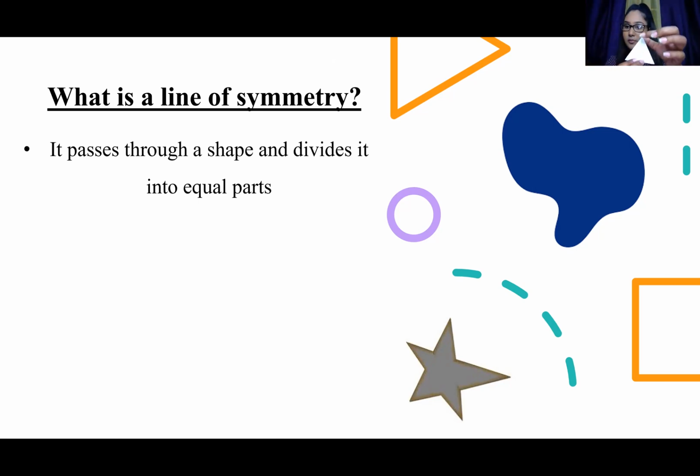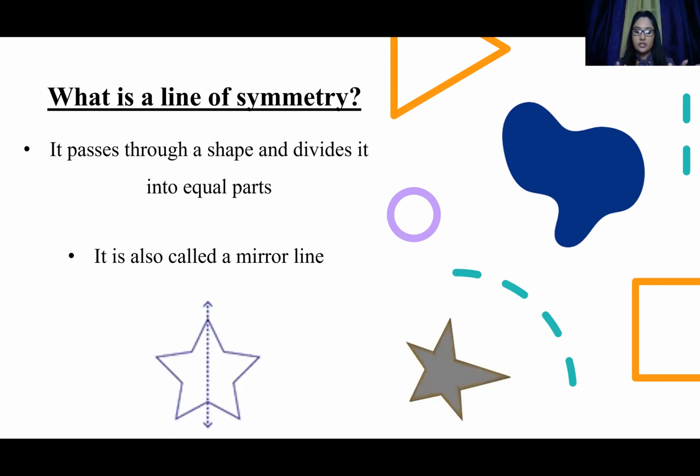It passes from top to bottom through the shape, and the two sides are equal. When it's folded, it does not overlap because the two sides are equal. A line of symmetry is also called a mirror line.